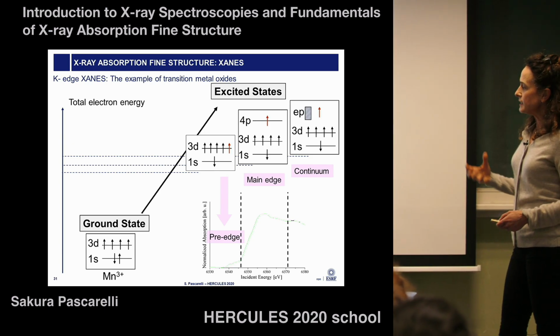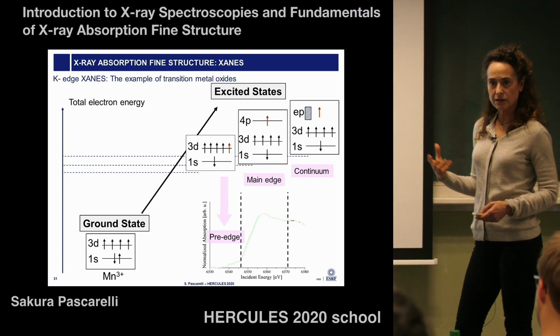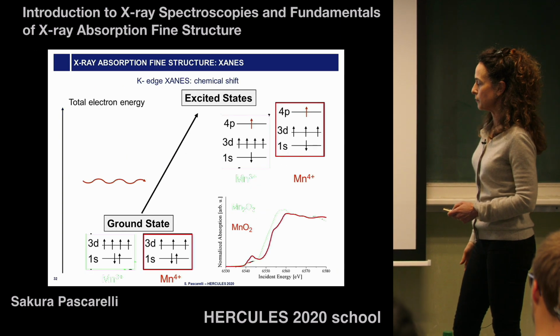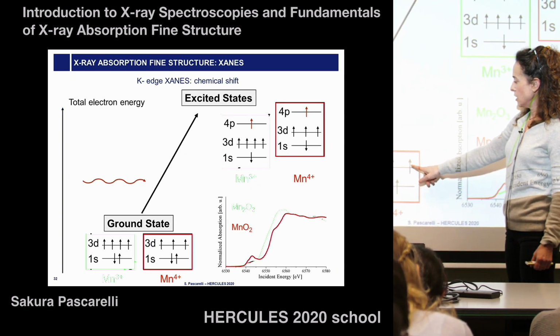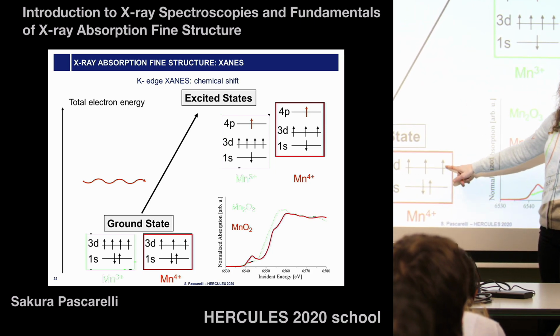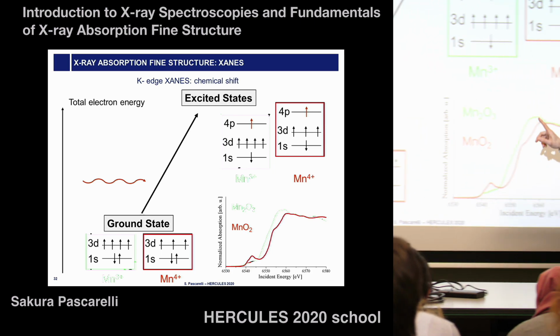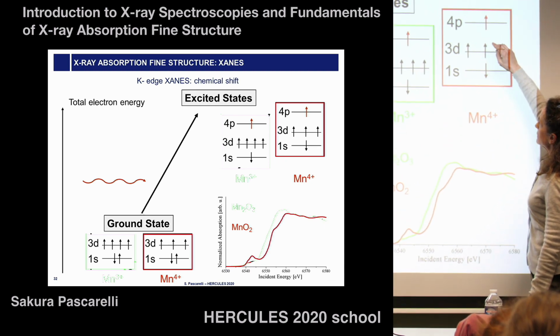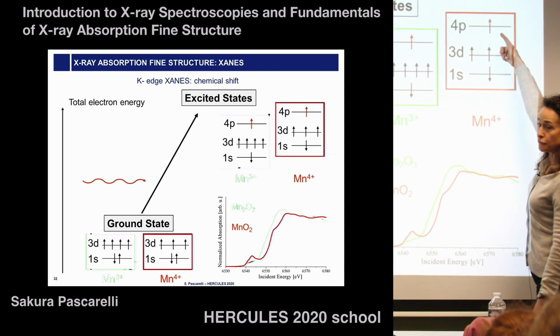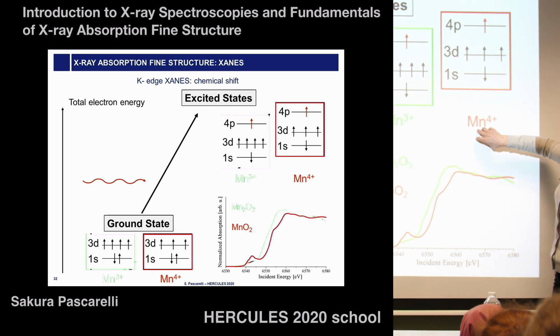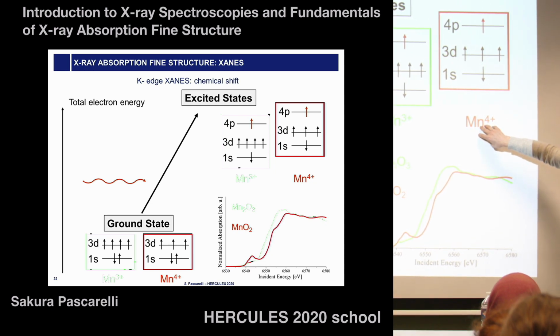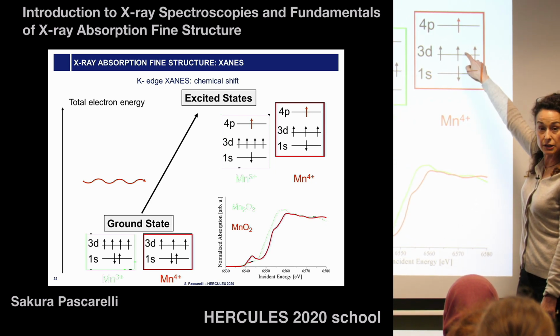Now, we are very sensitive to the chemical state of this ion, and I'll show you an example. If you look at Mn4+, you have 1 electron less in the D band. What does this mean? This means that when you go to this 4p state, the screening of the nucleus is less efficient because you have 1 electron less.